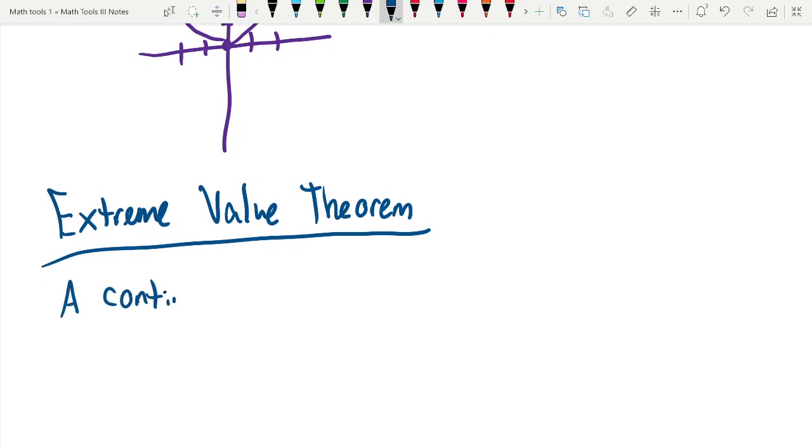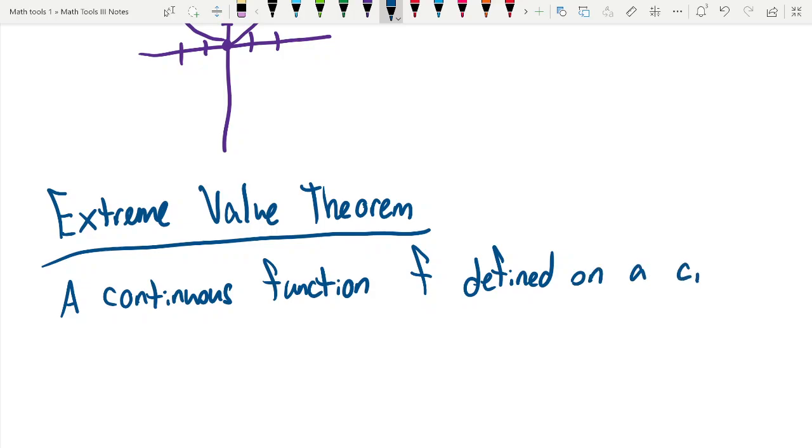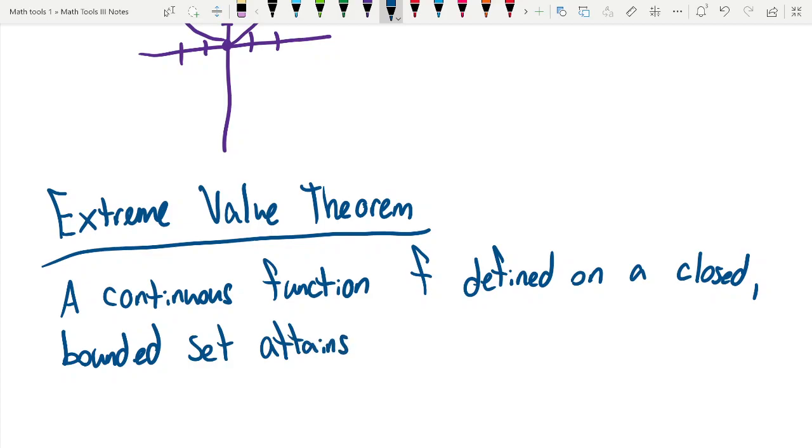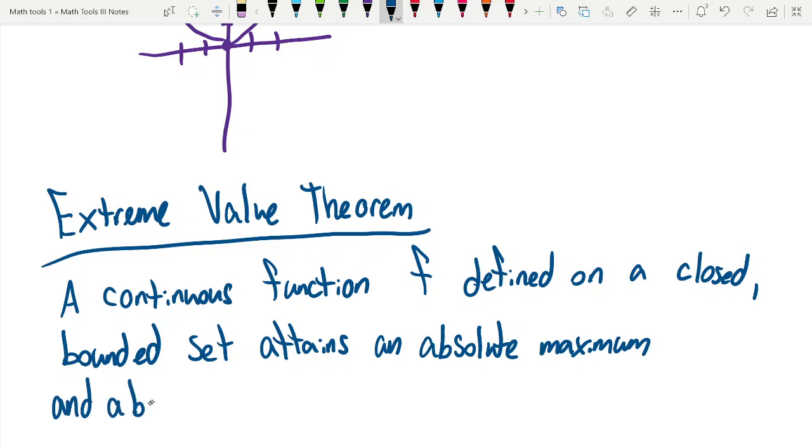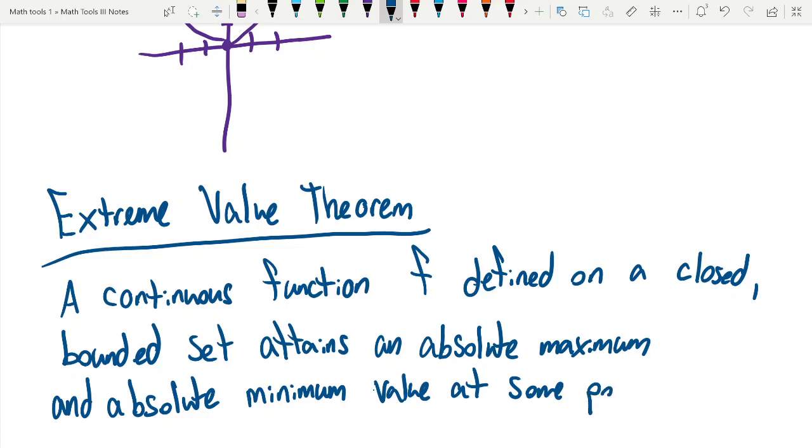So this says that a continuous function f defined on a closed, bounded set attains an absolute maximum and absolute minimum value at some point in the set.